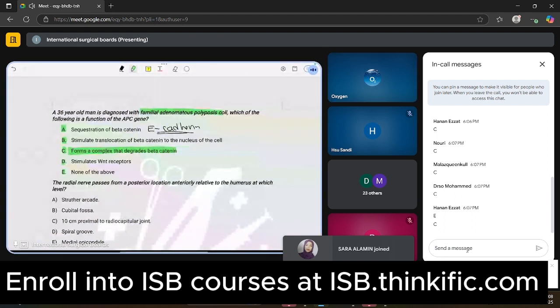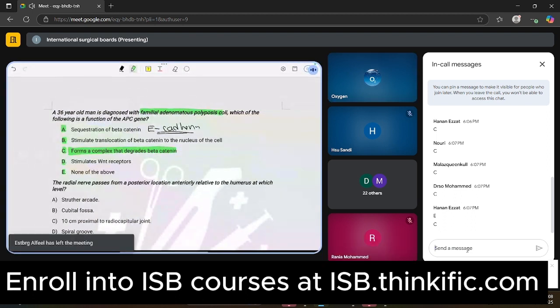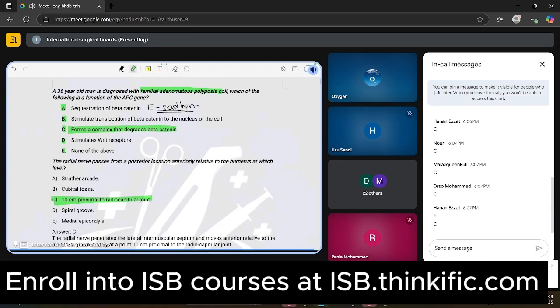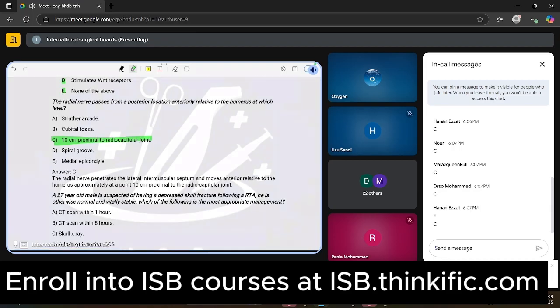And then it will penetrate the lateral intermuscular septum and move to the anterior compartment of the arm, 10 cm proximal to the elbow, that is the radiocapitular joint. The entire spiral groove is behind the humerus. It is not the point at which the radial nerve moves anteriorly. So it's C then, 10 centimeters proximal to the joint. That's the explanation. Okay, let's move to the next one.